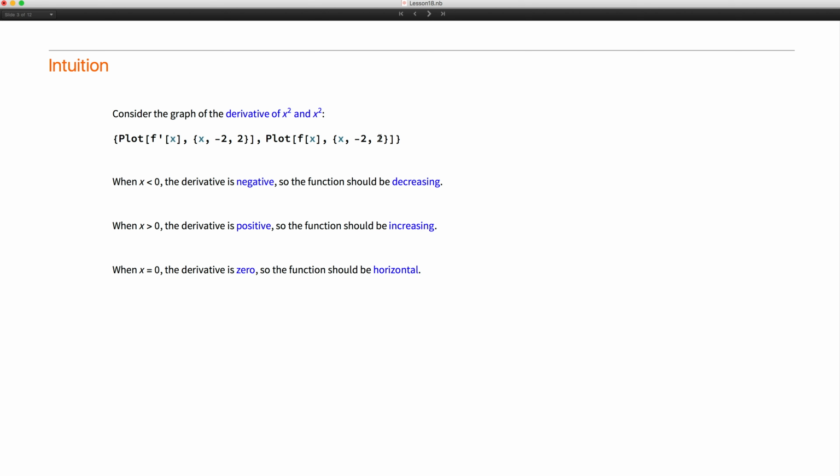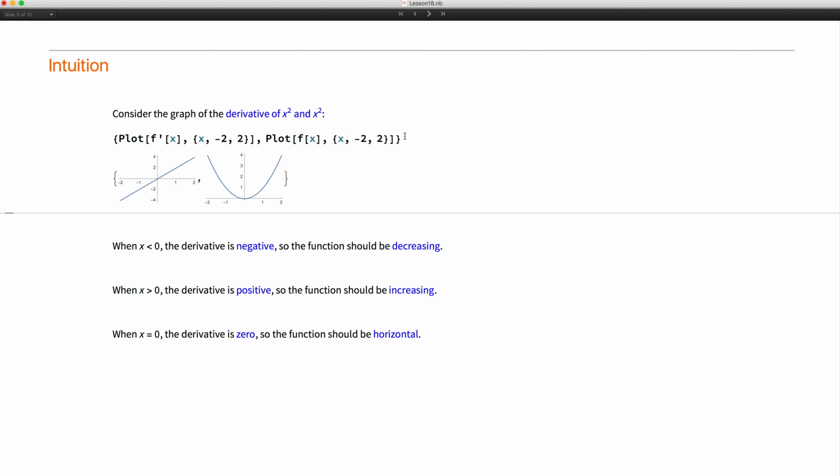So let's again look at the graphs of x squared and its derivative. We have the function on the right, the derivative on the left. And you see that when x is negative, the derivative is negative, and that says that the function is decreasing.